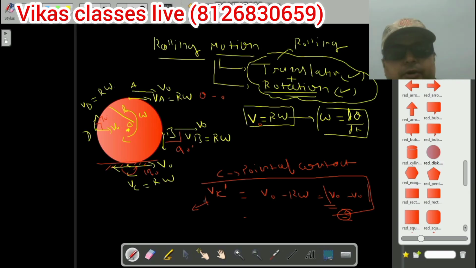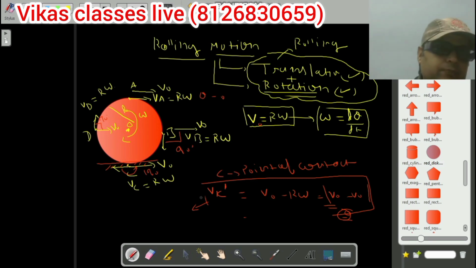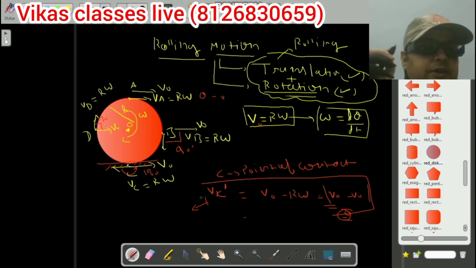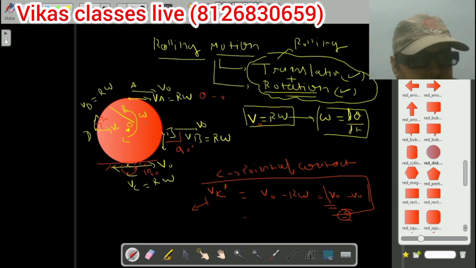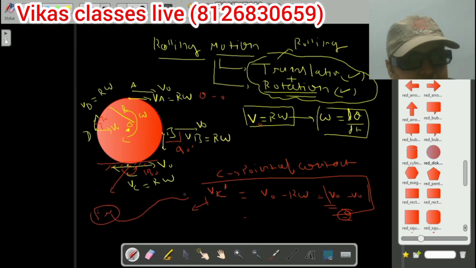The disc must be in no slip condition, whether it is a disc, sphere or circular loop. That's why friction is indeed required at the point of contact, as shown in the figure. Why? In order to get this situation, the no slip condition.